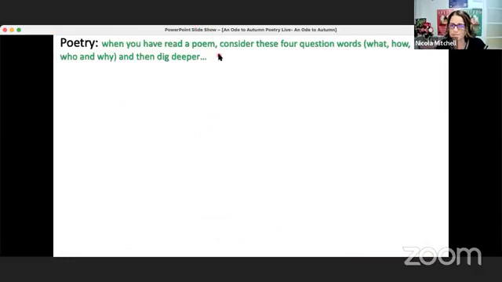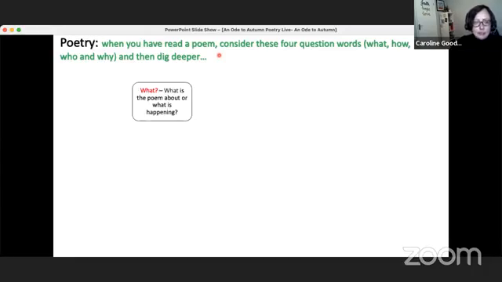Okay, Caroline. Right, so now we're going to look in a bit more detail using the 4 question words, what, how, who and why, to help us understand this poem of autumn. So what is the poem about, or what is happening?